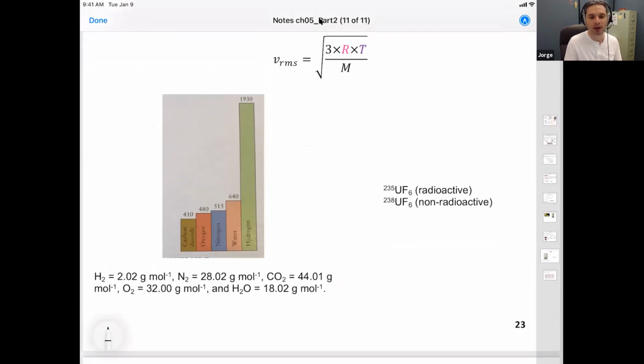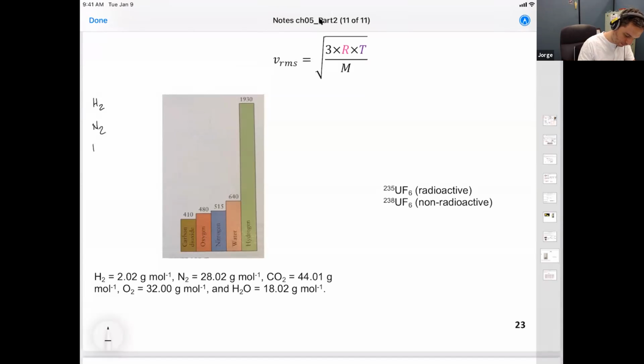The first one on your left side, we have 5 different gases, and I need you to be able to look at the molecular mass of each gas and predict which one will move faster and which one will move slower. So we have here, let's write here, hydrogen. Then we have nitrogen, N2.